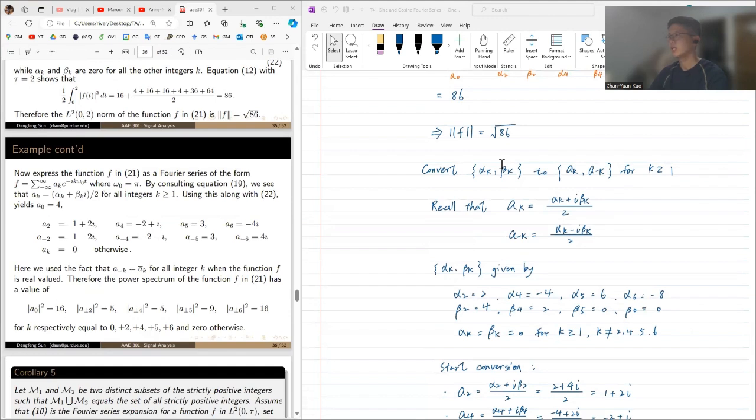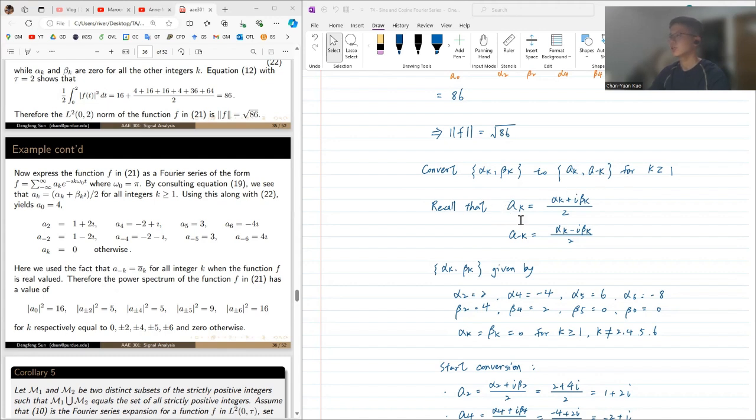Now the main part. Let's convert the Fourier coefficients associated with the sine and cosine Fourier series representation into the Fourier coefficients associated with the exponential functions.